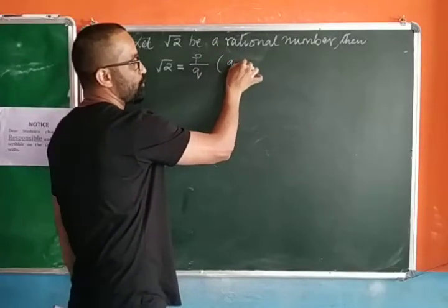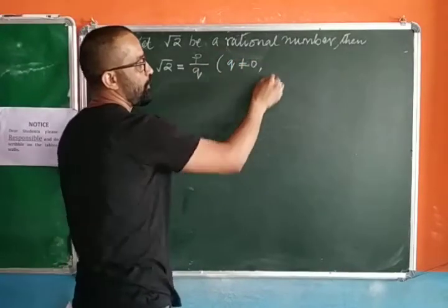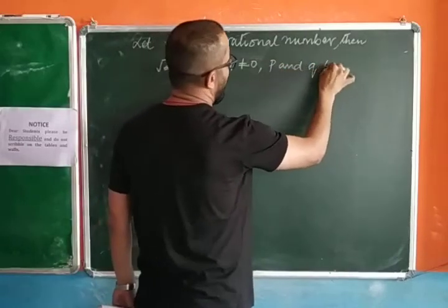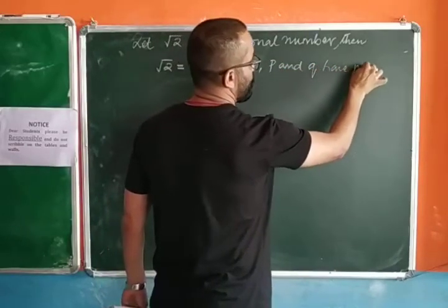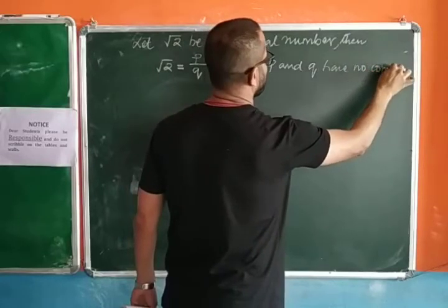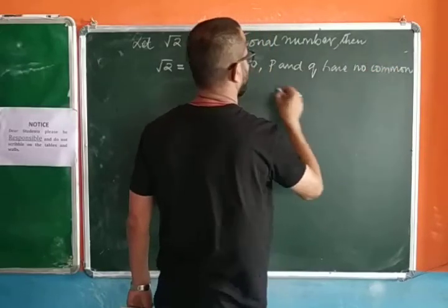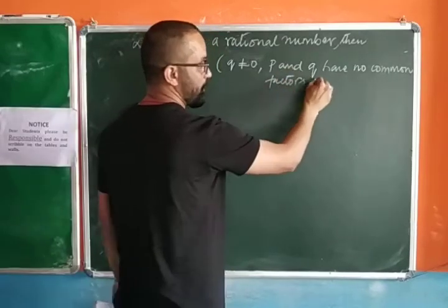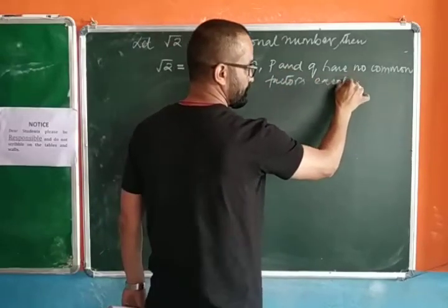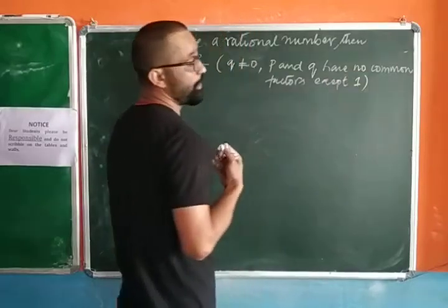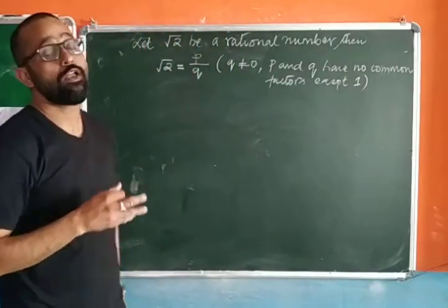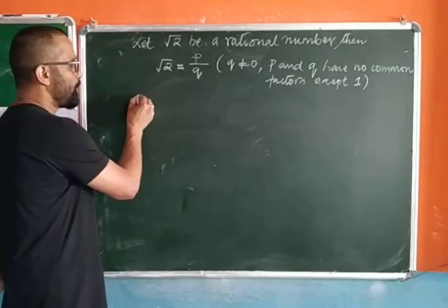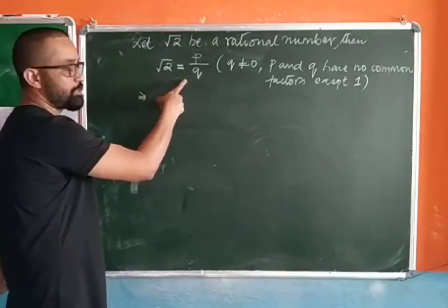where q is not equal to 0, and p and q have no common factors except 1. This is the condition you have to remember for rational numbers. Now we copy this again.